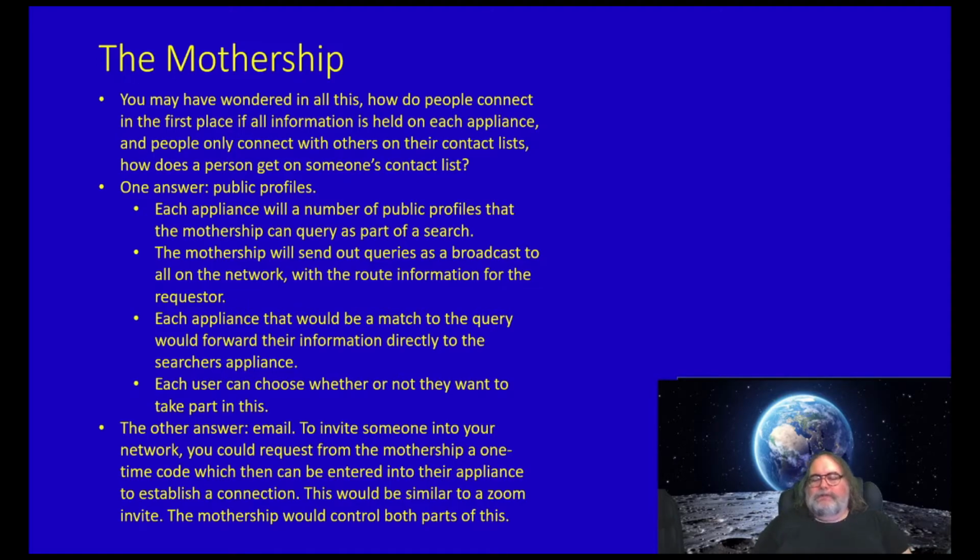So when somebody's looking for something, they could send out a query, the mothership will broadcast, hey, this person's looking for this type of person, and then according to whatever's set up at each appliance, it would forward their public information to the person making the request. Again, the information never goes through the mothership. It's just node to node.